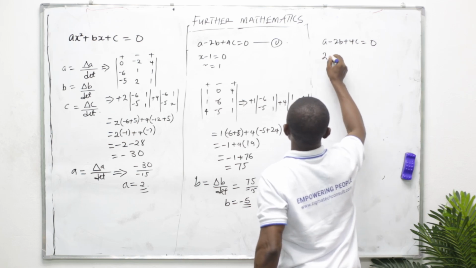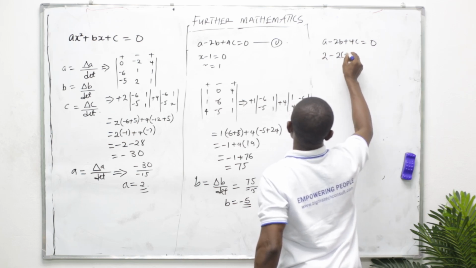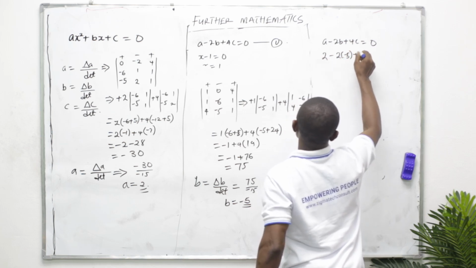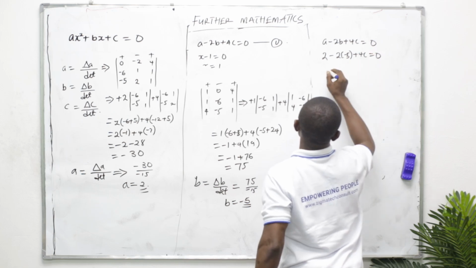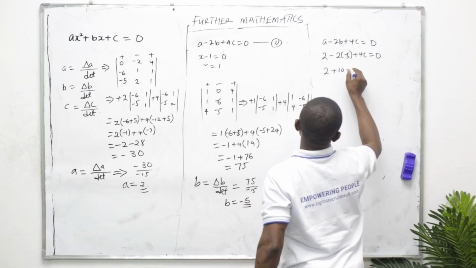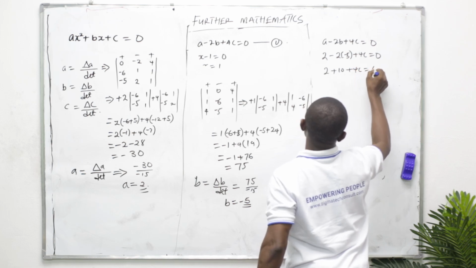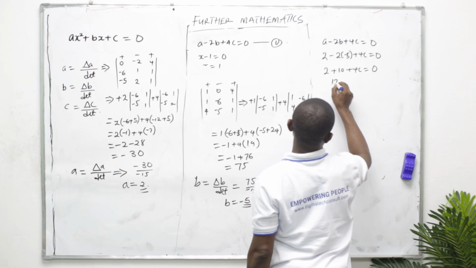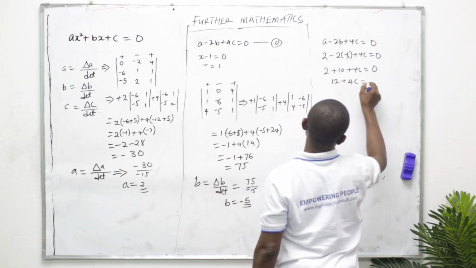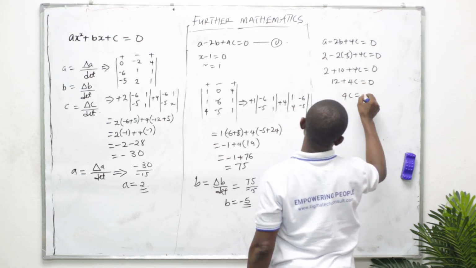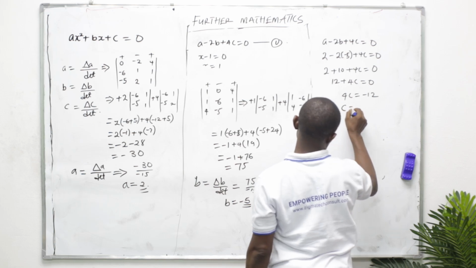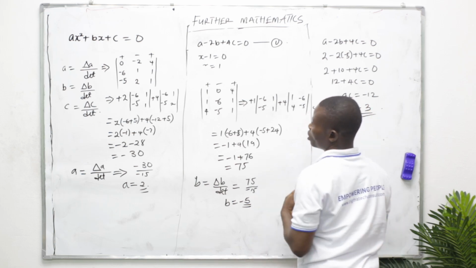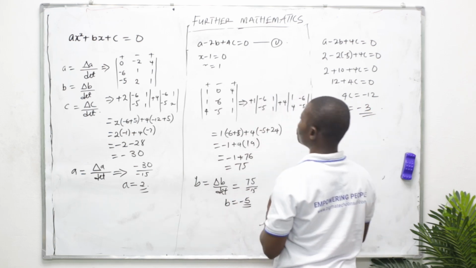You know A is 2, B is minus 5, plus 4C equals 0. 2 plus 10 plus 4C equals 0. So 12 plus 4C equals 0. 4C now equals minus 12. C equals minus 3. Now we have A, B, C.